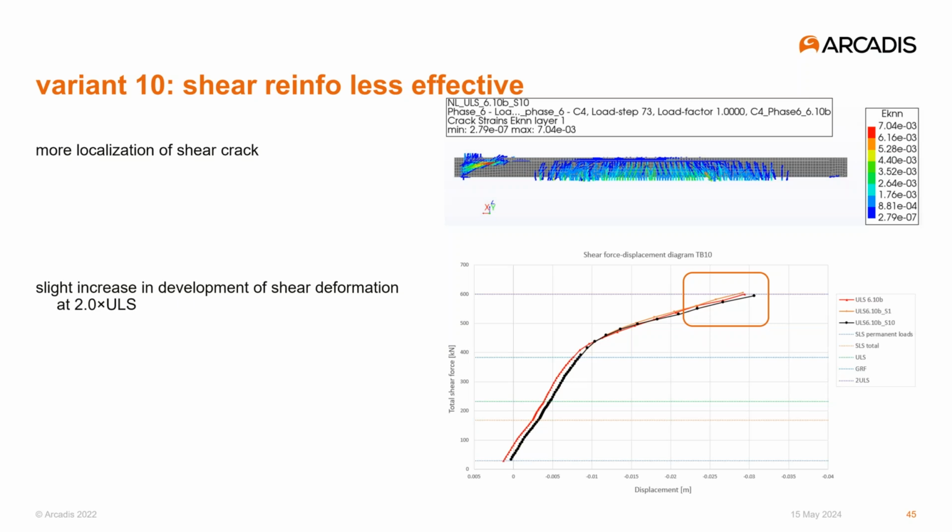And the shear force shear displacement curve shows an increased development of shear deformation at the end of the analysis. We didn't run the analysis up to failure, so we must be careful to say something about the failure load. But if I had to bet which variation is the most influential for the failure load, I would select this one because of the increasing speed of shear crack opening.